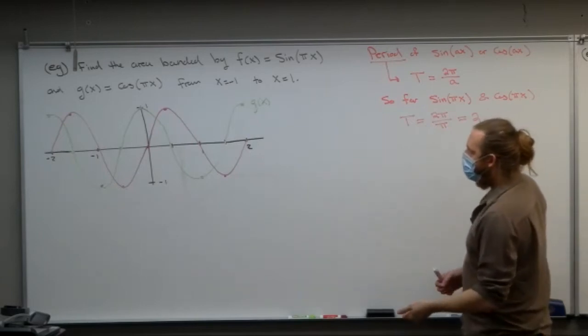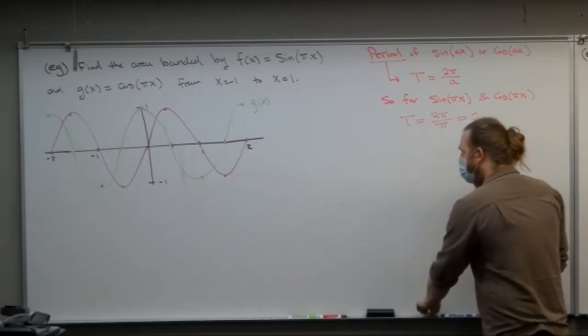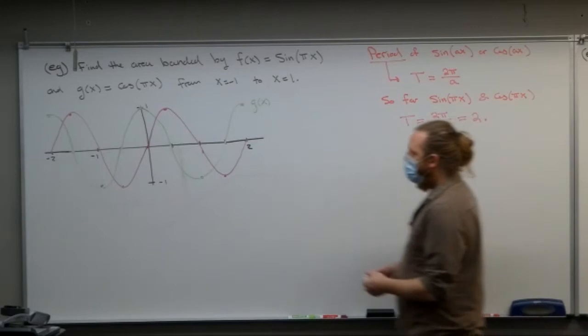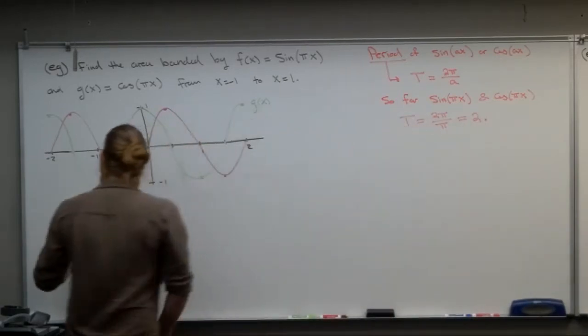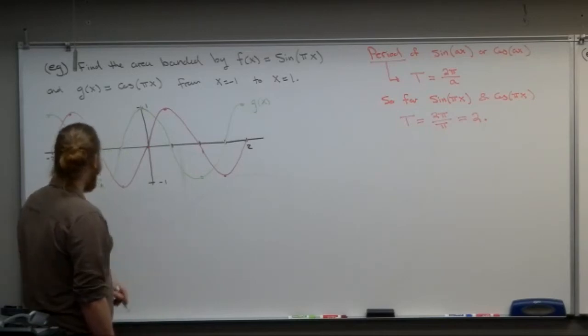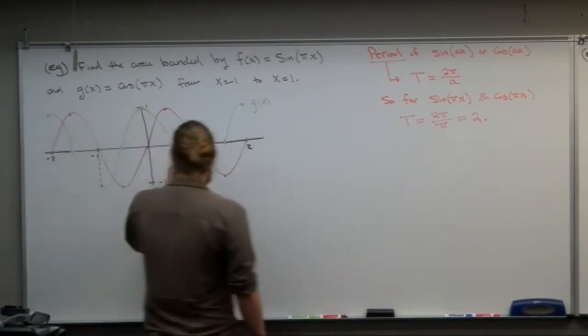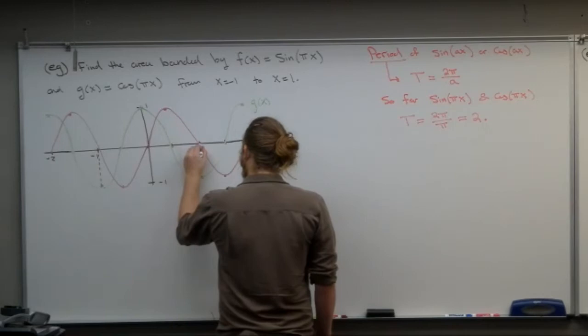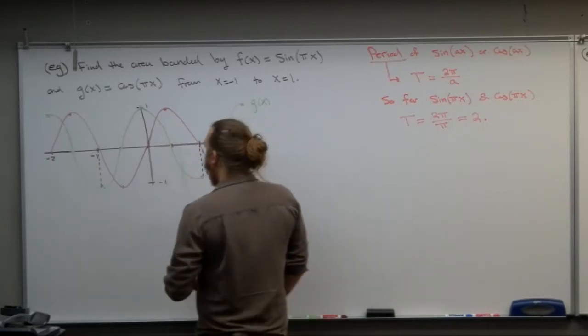So besides being quite pretty, from -1 to 1, this bounds an area that is a little bit more complicated. Let me just draw that boundary here and this boundary here.